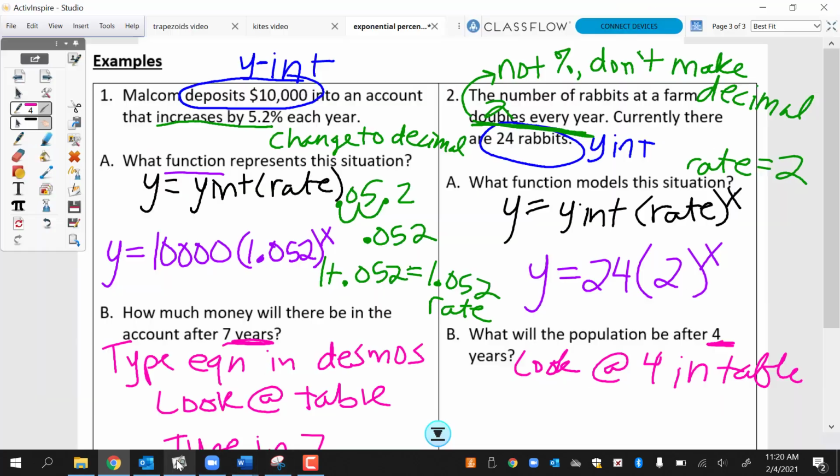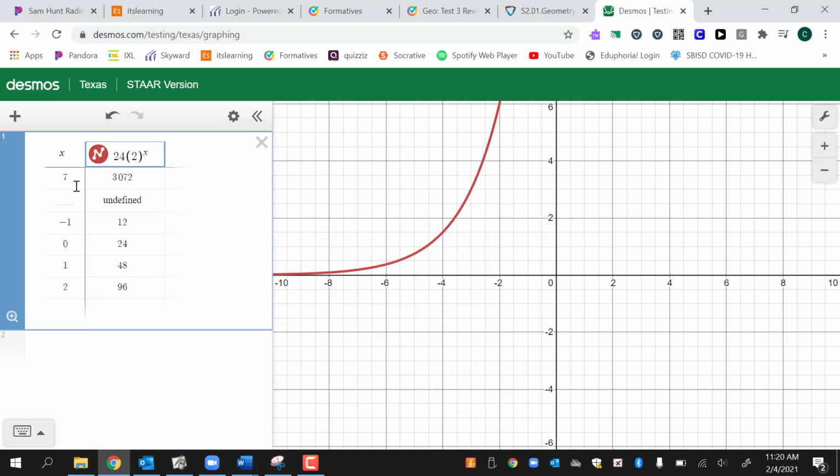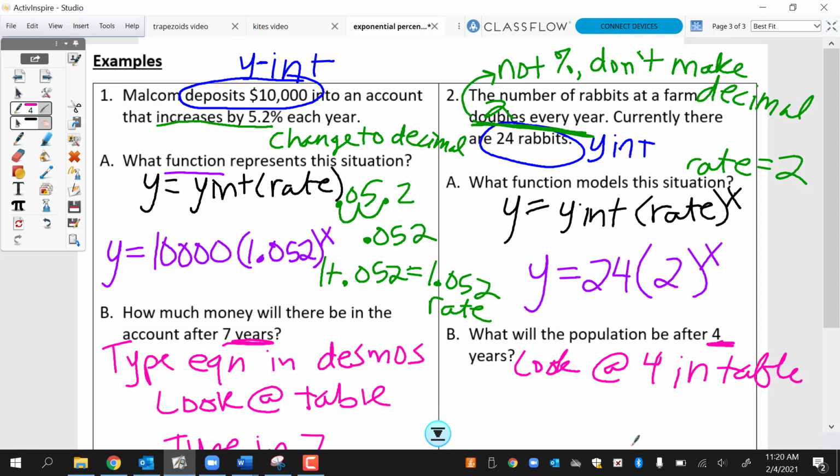So what number did we want to look up? We want to look up 4 years. So we're typing 4. And the y number was 384. So that's my answer, 384 rabbits. Okay, if you need any extra help, go back, watch the video, but you can go ahead and get started with the formative.